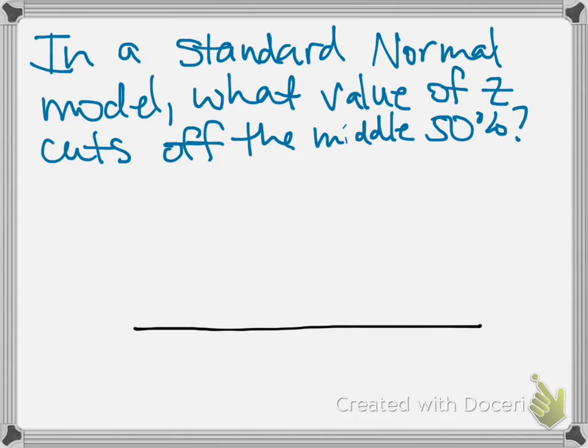So as I keep doing, we start off sketching in our curve. And I'm going to put our mean of 0. And we want the middle 50%. Now we already know from the 68, 95, 99.7 rule that if I go one standard deviation above and below the mean, then I will have included 68% of the data, which is more than we're interested in.